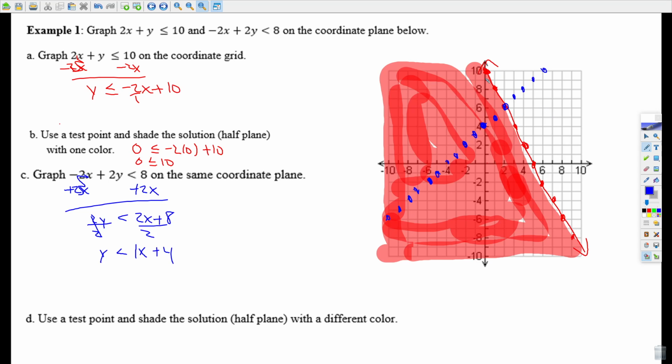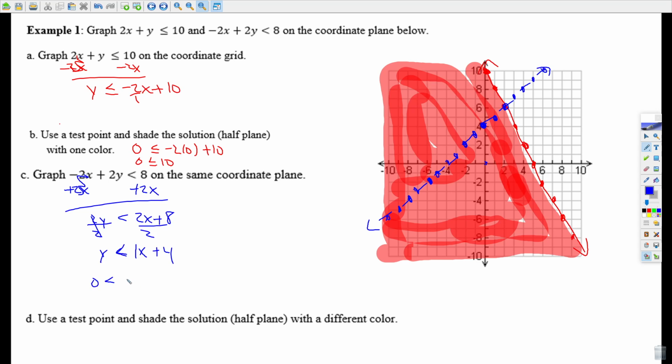Okay. And now if you look at the line here, this is a less than, so it is not less than or equal to. This is going to be a dashed line. Try to represent it as a dashed line. And this sign is less than, so it should be below this line. So it's all going to be down here. But just to double check, I can use 0, 0 as a test point again.